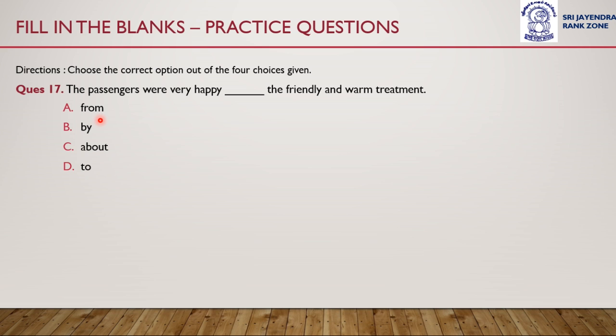Option A is from, option B is by, option C is about, and option D is to.